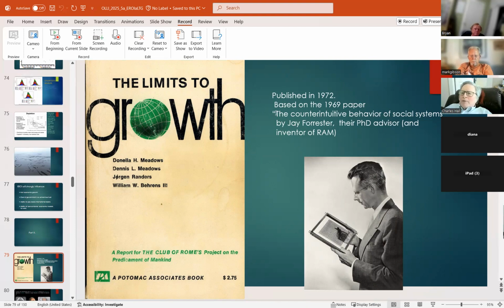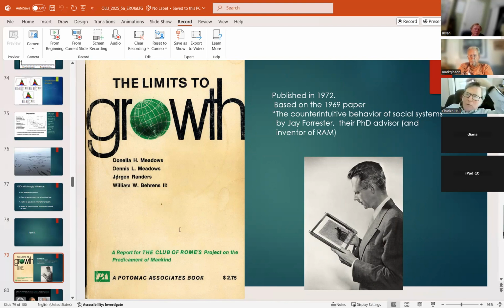And my father had gone to MIT and got the MIT alumni magazine that had this paper in it by Jay Forrester, who was already very famous for inventing computer memory, random access memory.